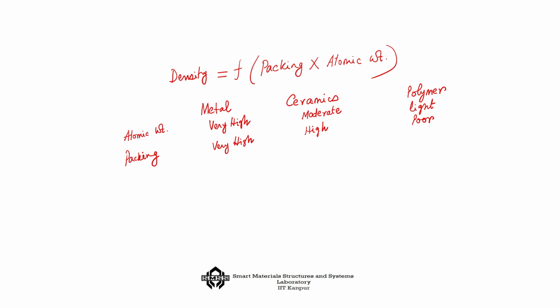So, what happens then? If I look at density, which is the product of the two, then for metals both atomic weight and packing is very high. So, that is why the density of metals is going to be very high, and this one is moderate, and for this one already the packing is very poor and it also consists of lightweight atoms.